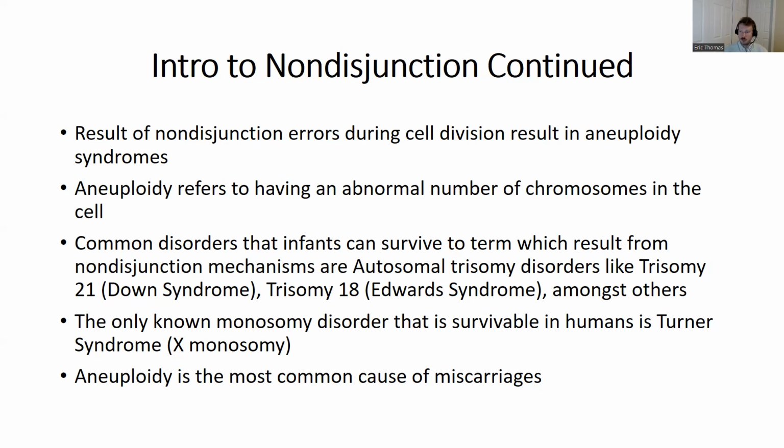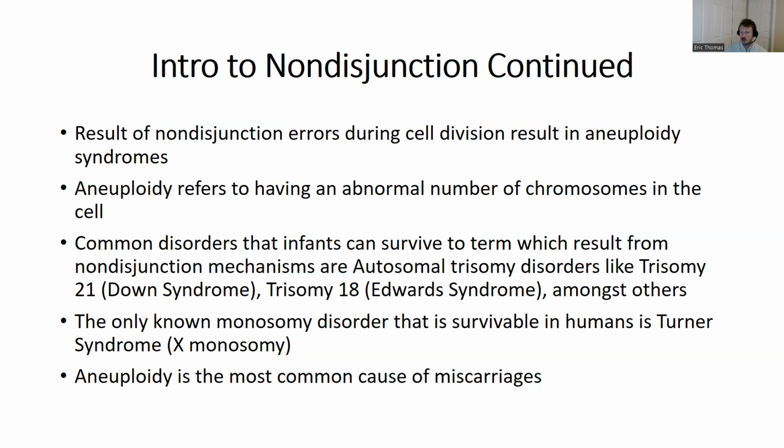But the whole point is that nondisjunction is the result of an error of separation in either meiosis 1 or meiosis 2. Ultimately, that can result in the produced cell having an extra chromosome that it shouldn't have, i.e. trisomy disorders, or one less chromosome than it should have.